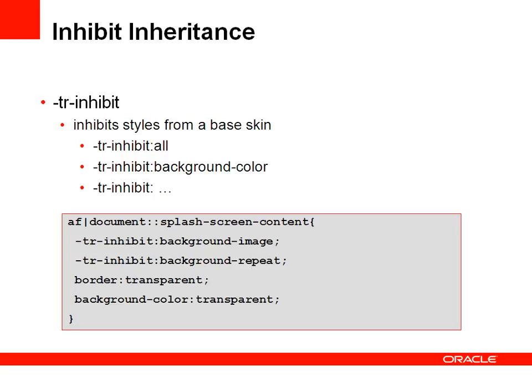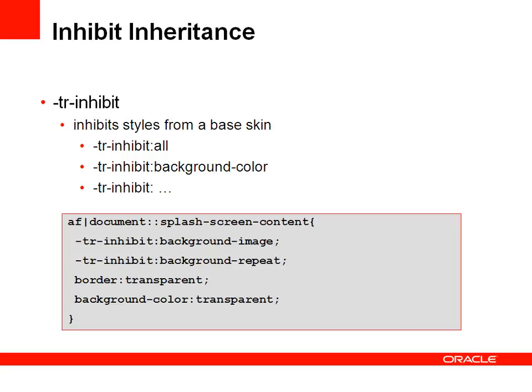By default it's a spinning O, so if you want to change that, then there is a splash screen content and two other selectors that allow you to do that. Now first of all, what this does is it suppresses the default background image and the default repeating behavior of that image. And then it sets the border to transparent and the background color to transparent as well.